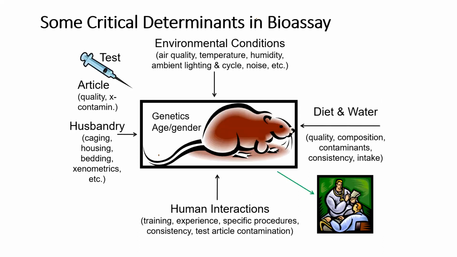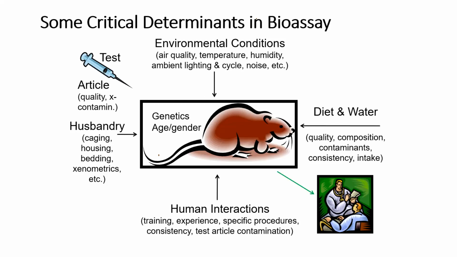These are not trivial studies to conduct, and I just summarize in this slide the sorts of items that the study director and the study team have to be on top of, in control of, in order to complete the bioassay. And these include the quality of the test article, preventing cross-contamination, control of husbandry issues. Bedding can be a big issue.